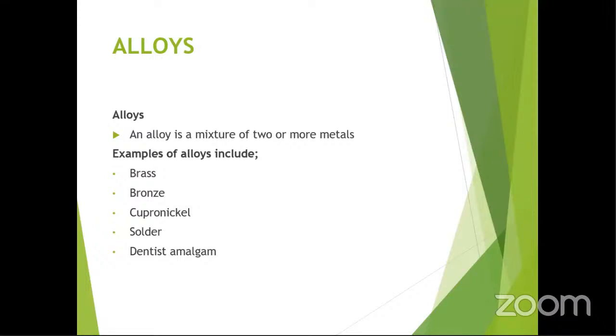From our definition, alloys are a mixture of two or more metals. So there is no way you should say mercury alone. If you give mercury alone, that's not a mixture. We are asking which metals do we use to get this.